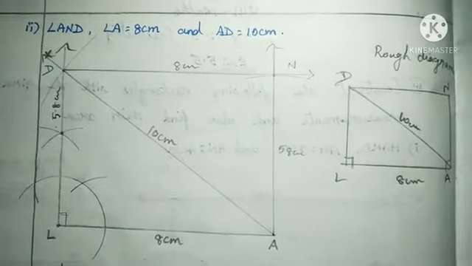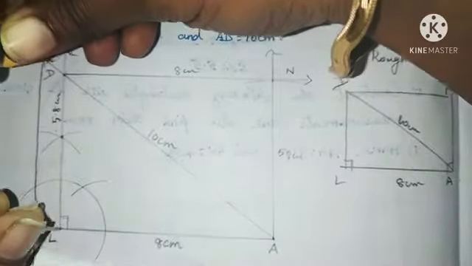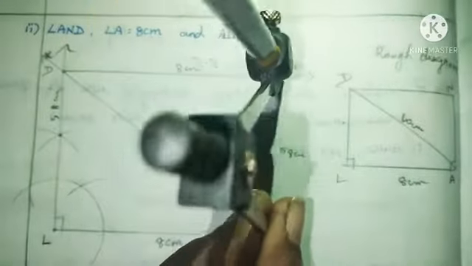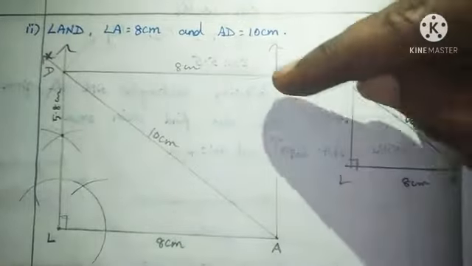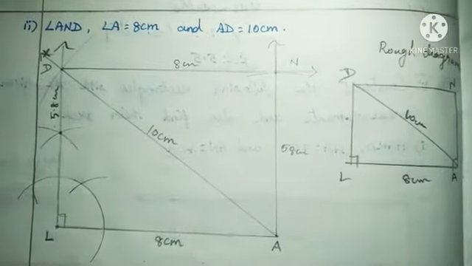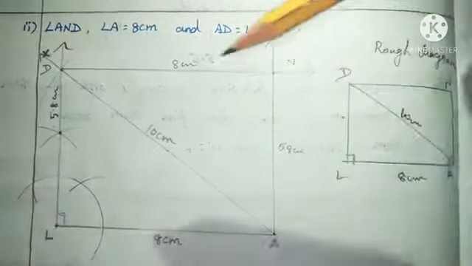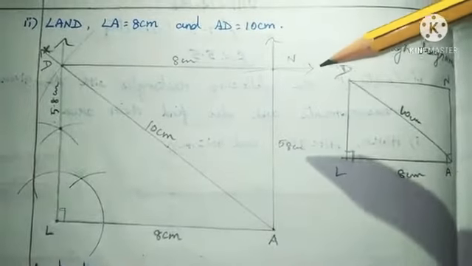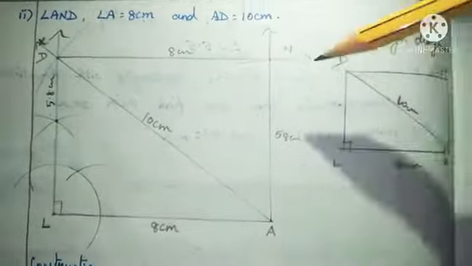We don't know the measurement of LD, so we have to make the measure using the compass itself, and you have to cut the arc from A to N. The point of intersection of the two arcs, we name it as N. The next step, you have to join AN and DN. This is the construction of a rectangle LAND.